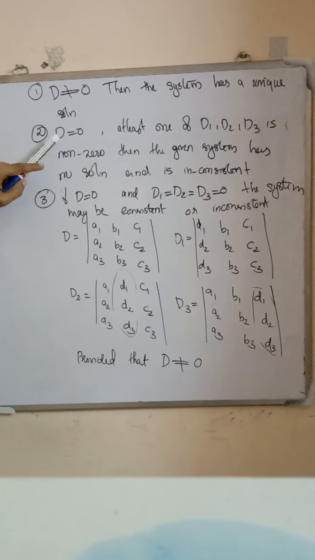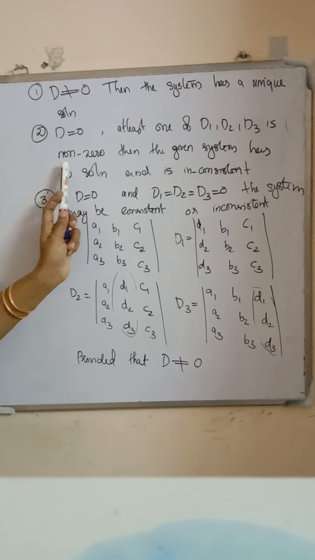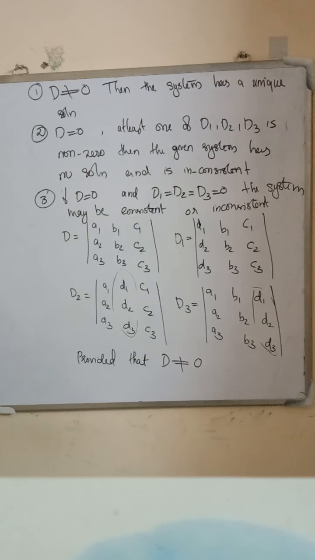Second condition, if d is equal to 0 and at least one of d1, d2, d3 is non-zero, then the system has no solution, that is, it is inconsistent.